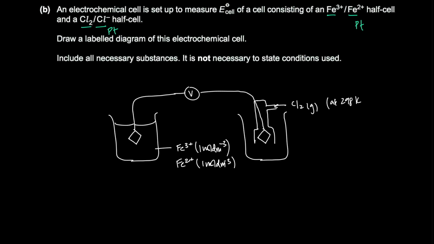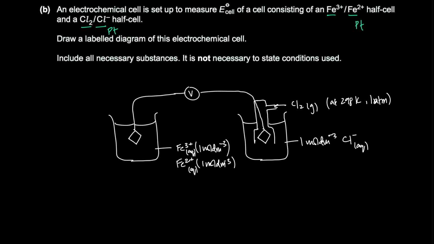It has to be at 298 Kelvin and 1 atmosphere of pressure. And then our solution will be 1 mole per dm cube chloride ions. So aqueous chloride ions. I should mention aqueous as well, aqueous, aqueous, and aqueous.